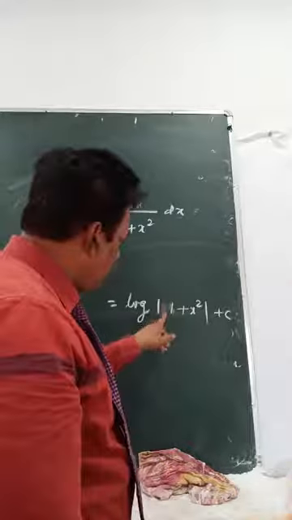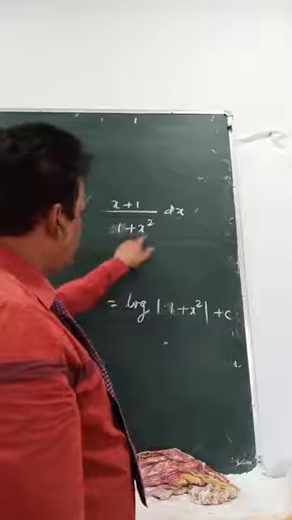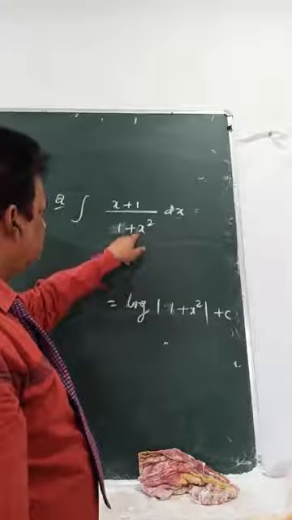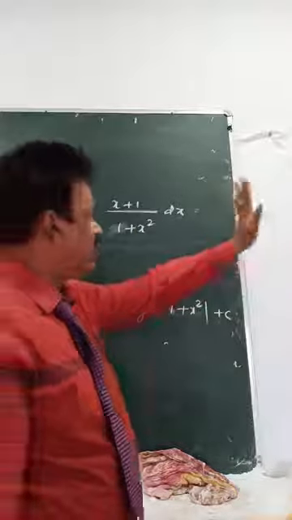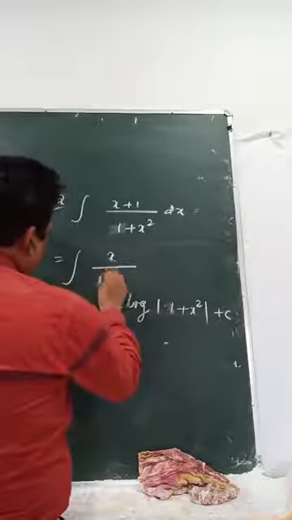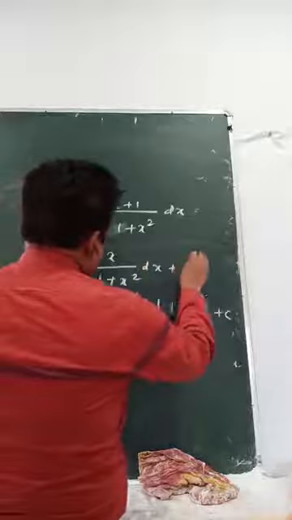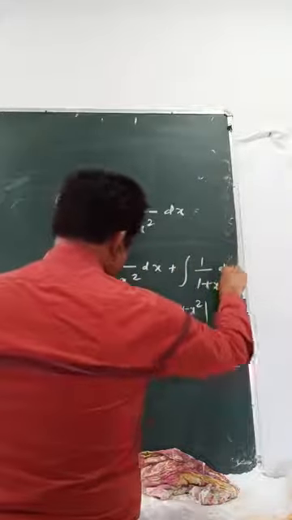So how am I going to use this type of formula here? Now I will check the derivative of 1 plus x square. By inspection you can see this is 2x. That means 1 is not required. So let me separate here. It will be x by 1 plus x square dx plus 1 by 1 plus x square dx.